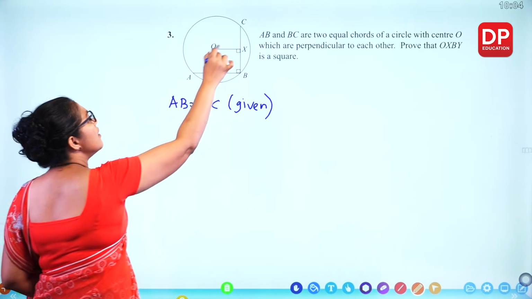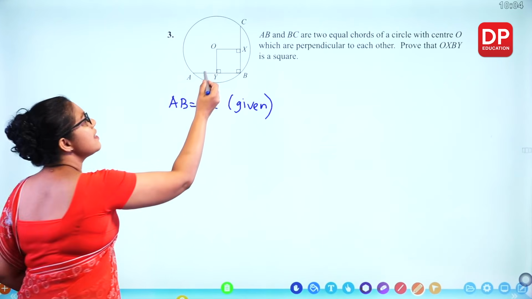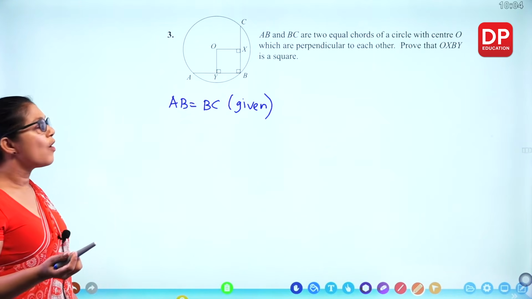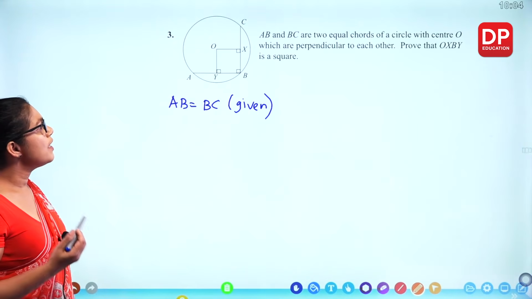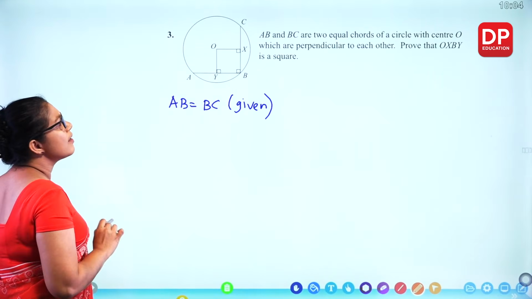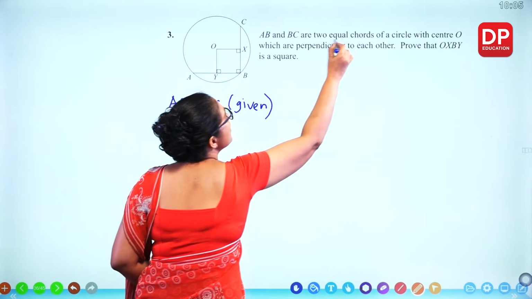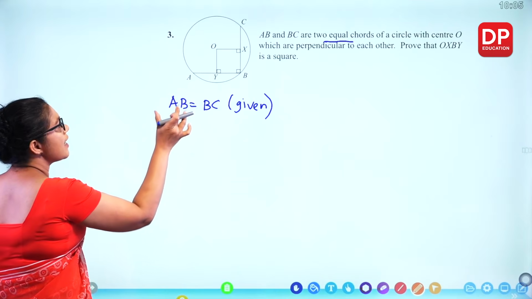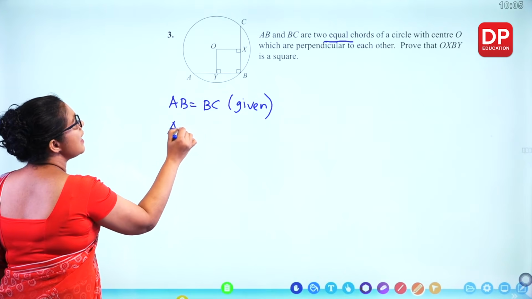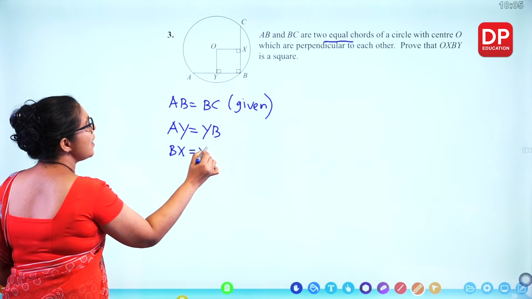So that means you have to show that all lengths are equal, because we see all angles are 90. The extra property is that all sides are equal in a square. So we'll try to show that. Now we know this chord AB is equal to chord BC because two equal chords are given. So when you take half of it, according to the Converse theorem, we know that AY is equal to YB and BX is equal to XC.